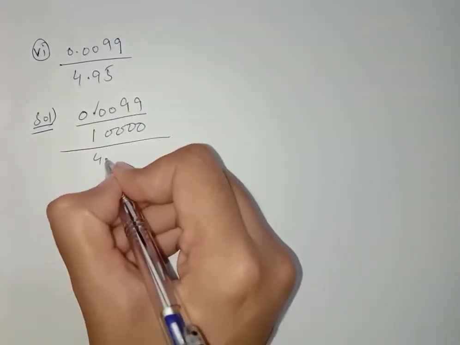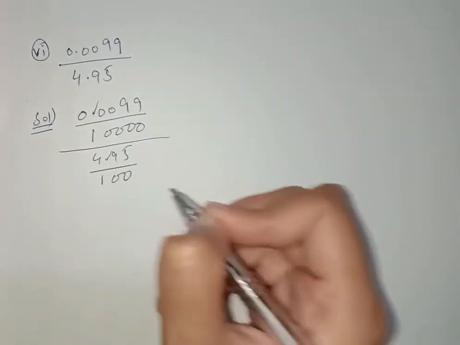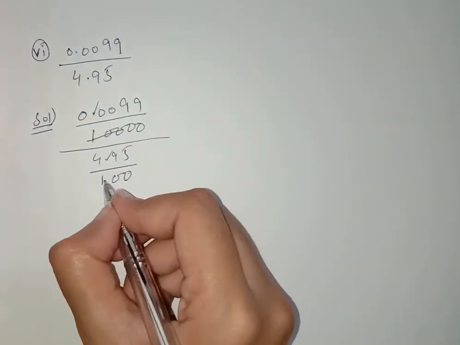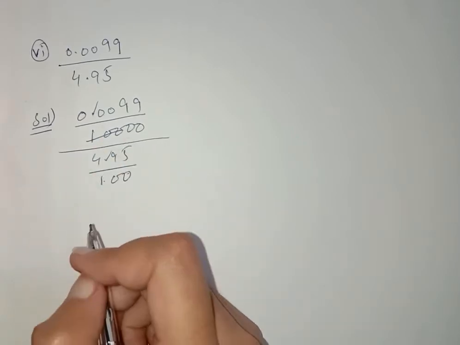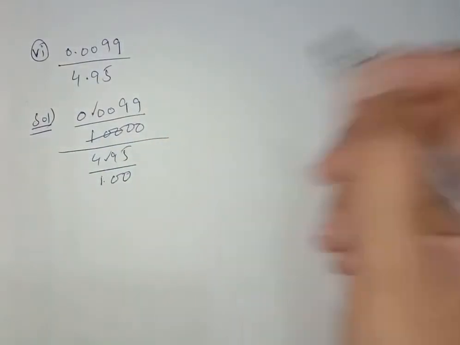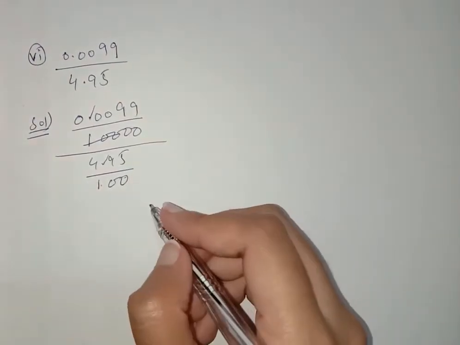Now 4.95, point removes, 1 comes, 2 digits, so 2 zeros. In the previous one we had only 100, so 100 cancelled with 100, but here we have different values.